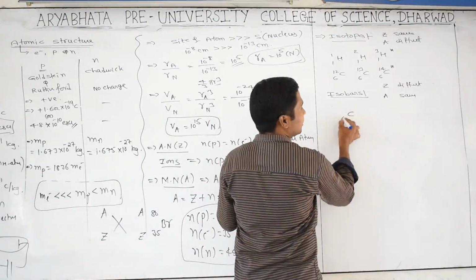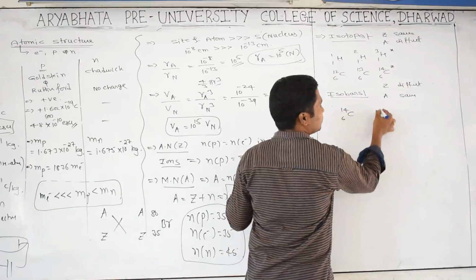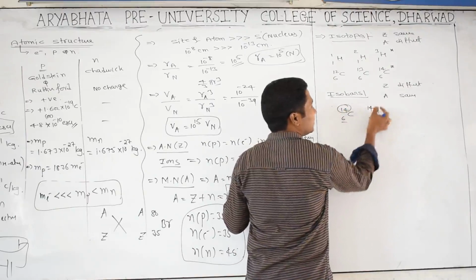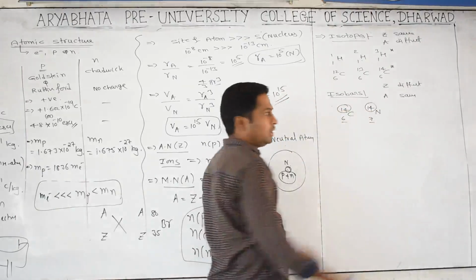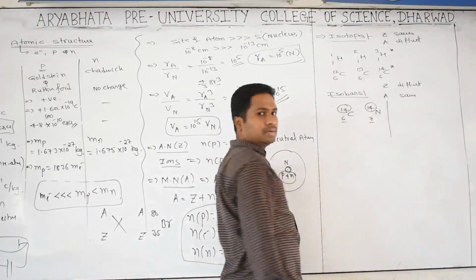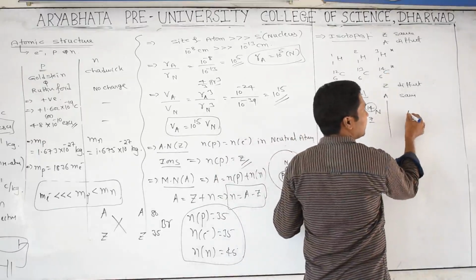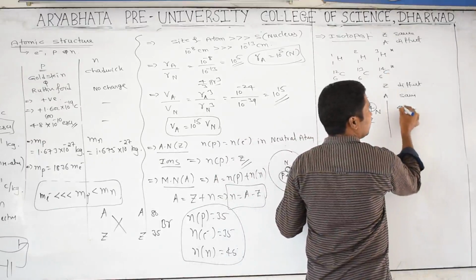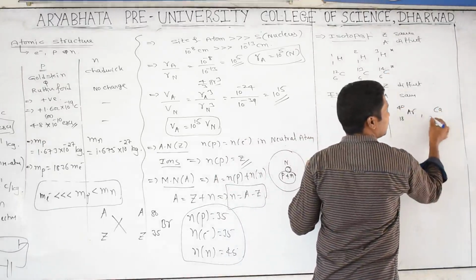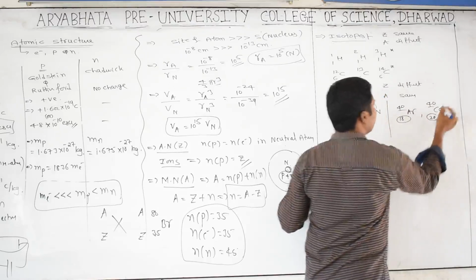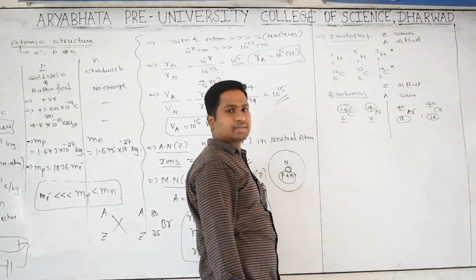You can see carbon-14 and nitrogen-14: the atomic number is different but the mass number remains the same. This is isotope, isobar. One more example: argon 18, 40 and calcium 20, 40. They have different atomic numbers but the same mass number, so they are called isobars.